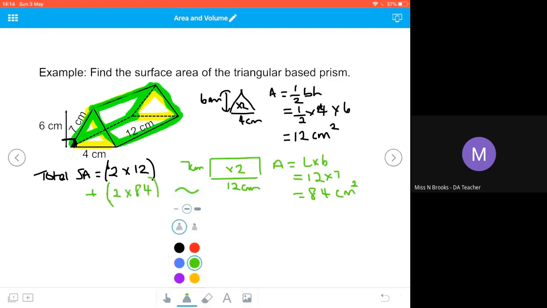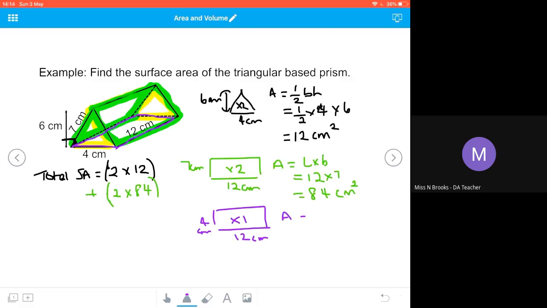Then the final shape that I've got is at the bottom here. So I'm just going to draw it in purple. So you can see we've got the base of our triangular prism, and the dimensions of it are 4 by 12. And we've just got one of those. So the area is going to be length times breadth.